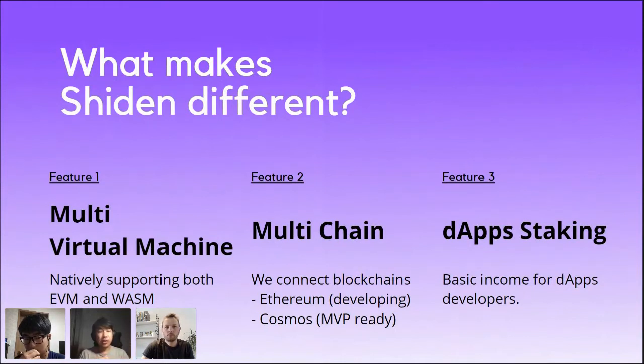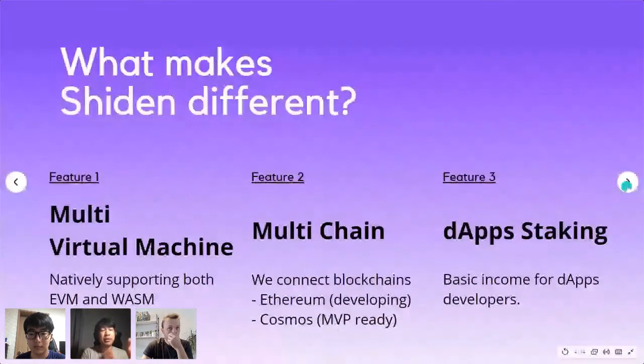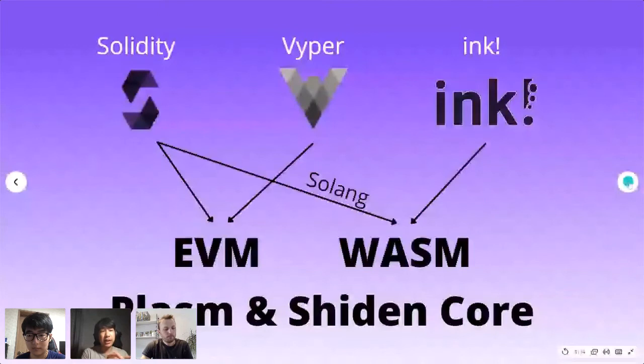Also, the huge difference between Plasm Network and other parachains is dApps staking. By making dApps, infrastructure, or tools on Plasm Network, you can earn PLM token. You can earn SDN token, the Shiden Network token, when you deploy smart contracts on top of Shiden Network. Let's say Ethereum: if you develop something on Ethereum, you have to pay gas by using ETH token.